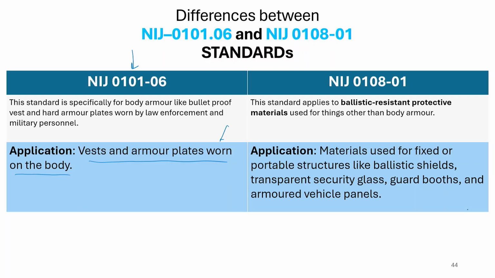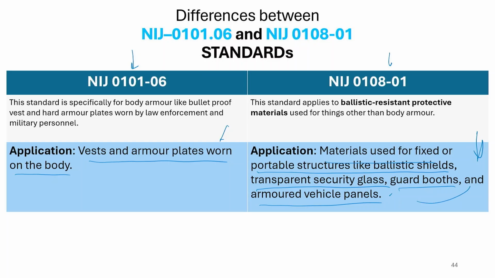Whereas 108.01 is for material used for fixed or portable structures like ballistic shields, transparent security glass, guard booths, and armored vehicle panels.